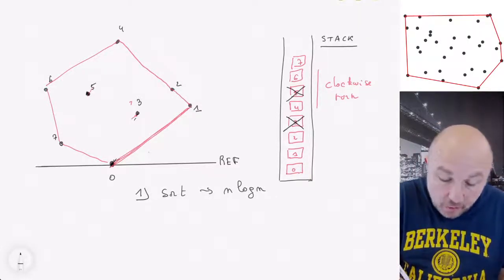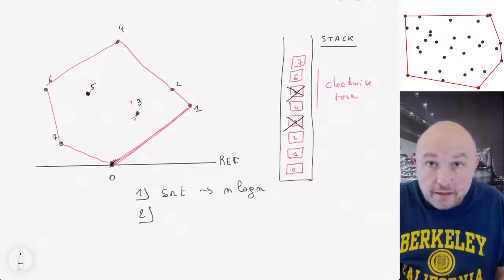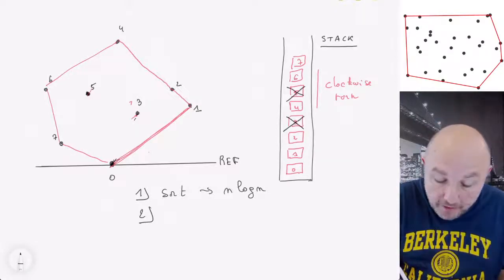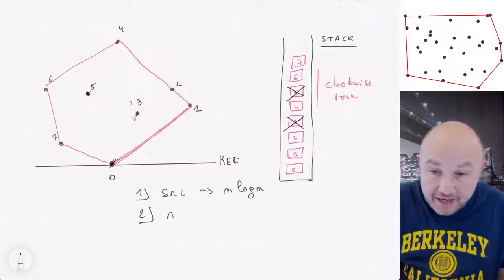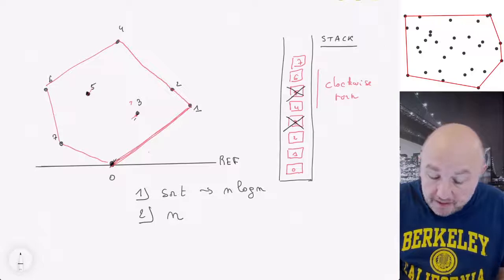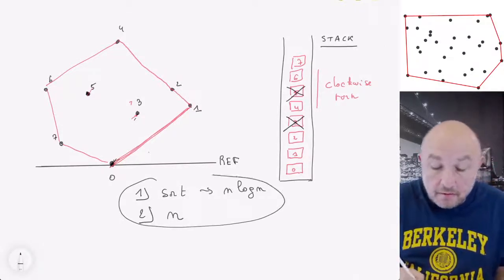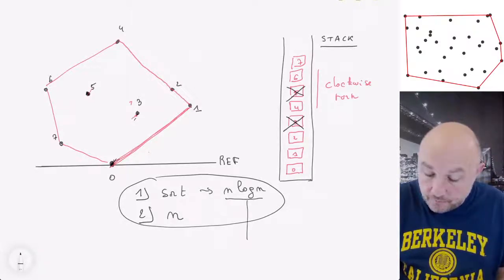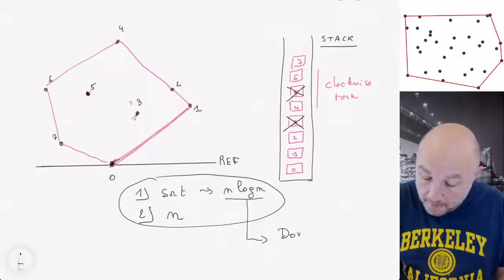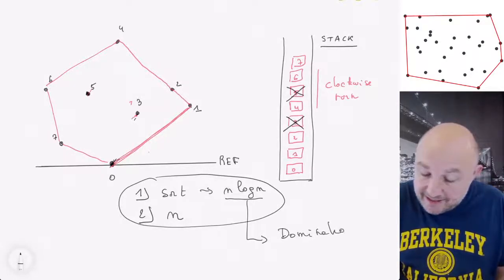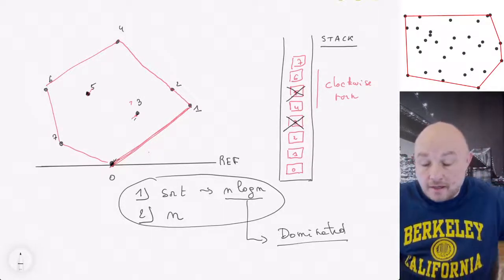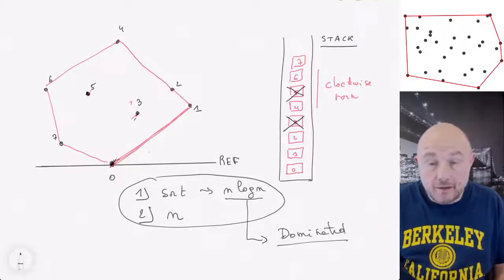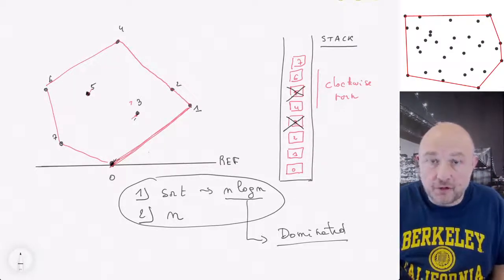But in the second round, we are only dealing with points once, so the complexity is of the order of n. Which means that the overall complexity of this algorithm is dominated by the sort, so this algorithm is of the order n log n, whatever the set of points you have.